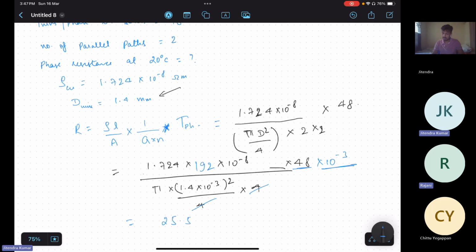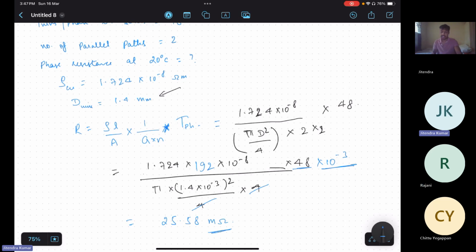So it should come out today. 2.58 into 10 raised to power minus 7. That's a lot of 10 raised to power minus. I guess if everything is correct, you should get it in terms of milliohm.